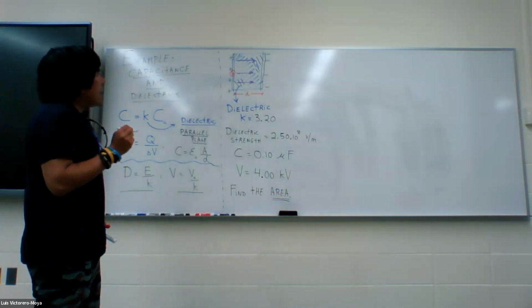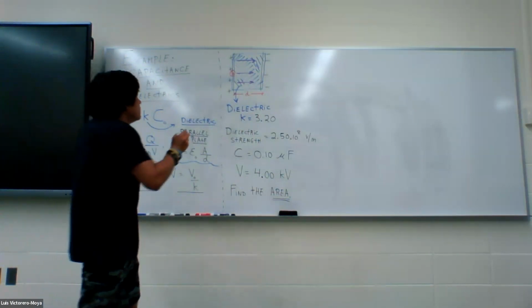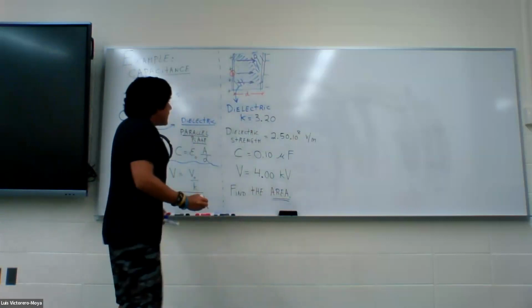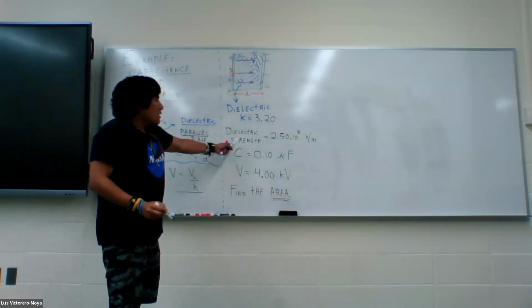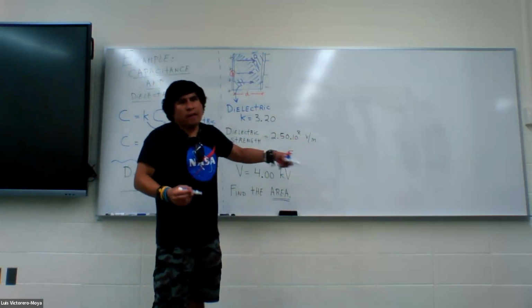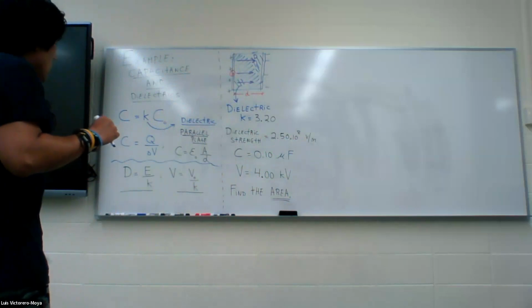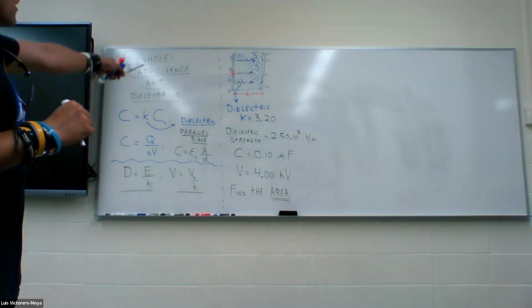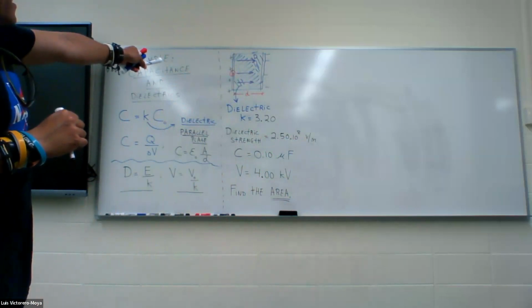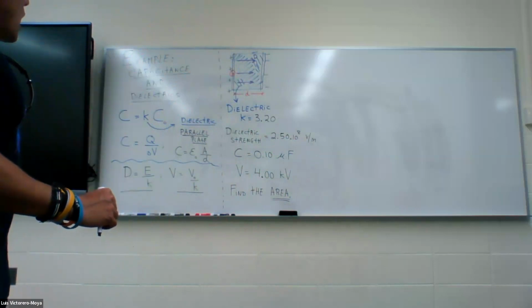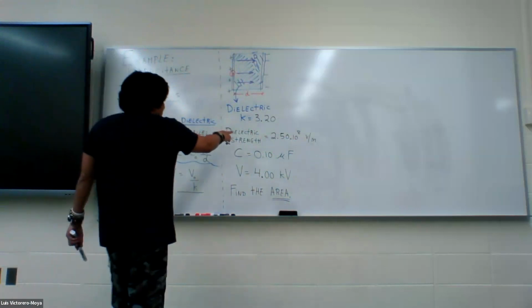We label it with capital D. That's the dielectric strength. It has the same units as electric field because it's just affected by the dielectric, by that equation there. In this example, they give you the dielectric constant. Again, no units. They give you the dielectric strength.